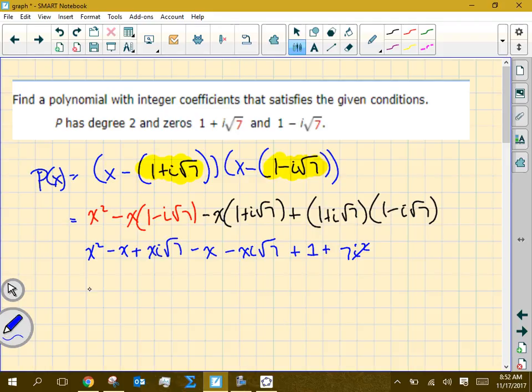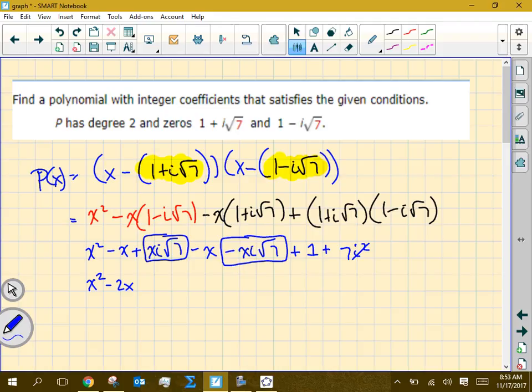Now I'm just going to go through and clean things up. x squared, negative x gives me negative 2x. The xi radical 7 and negative xi radical 7, okay, they become opposites, right? They cancel each other out. And you've seen this happen over and over again when we multiply these, x minus 1 plus i radical 7 and x minus 1 minus i radical 7.